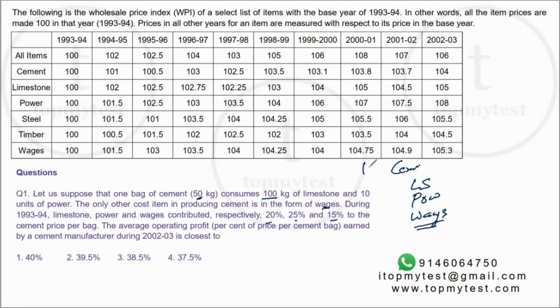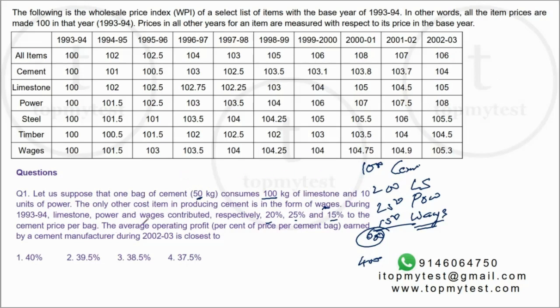So if the cement price was 1000, 20% will be because of limestone. So 200 rupees is because of limestone. 25%, which means 250 is because of power, and 15%, which means 150 is because of wages. That's 600. So 600 is your cost, which means 400 is your profit. Or profit is 40%. Okay, but that's not your question.